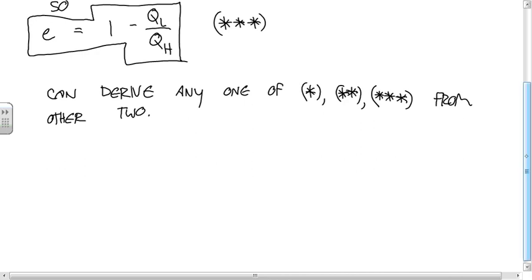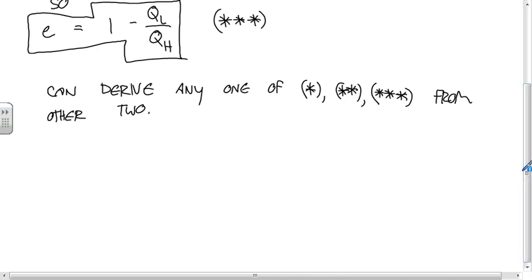Okay, so let me show you the kind of problem that we'll do with these equations. Any questions so far?